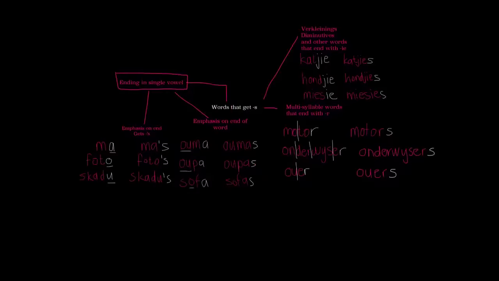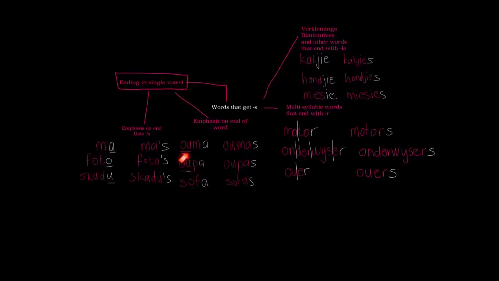Then we have these two groups of words over here. Words that end with vowels, okay, with a single vowel. We have words like ma, voorstu, skadu. Then we have words like oma, opa, sofa, right?